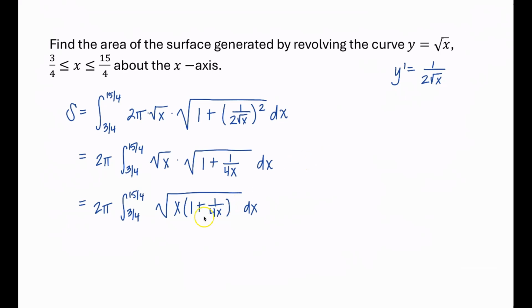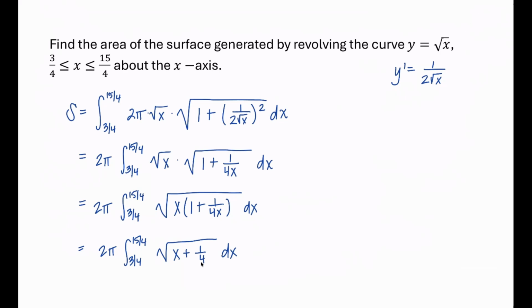I'm showing a lot of work here. We could have just in our head distributed the x in, but I'll do that now in my next step. So I'm going to have 2 pi, the integral from 3/4 to 15/4, the square root of x plus 1/4 dx. And this is not too bad at all to evaluate.